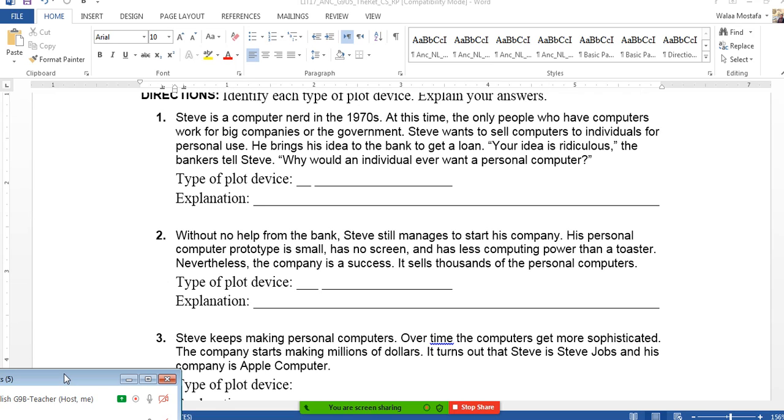He brings his idea to the bank to get a loan. "Your idea is ridiculous." The bankers tell Steve, "Why would an individual ever want a personal computer?"